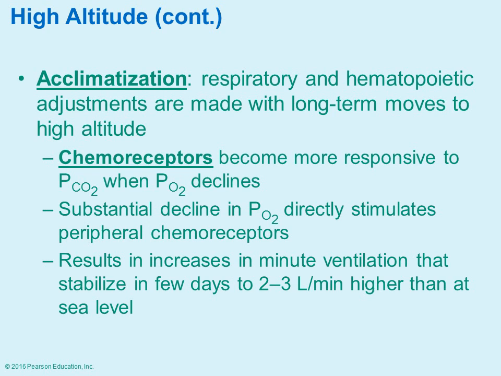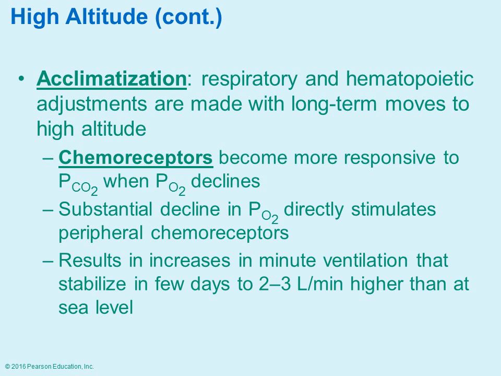So how do you counteract this? Well, you have to acclimate to it. When we're saying somebody is acclimating to the higher altitude, what are we talking about? Well, your respiratory system is making adjustments. You're also increasing the amount of red blood cells that you are making.